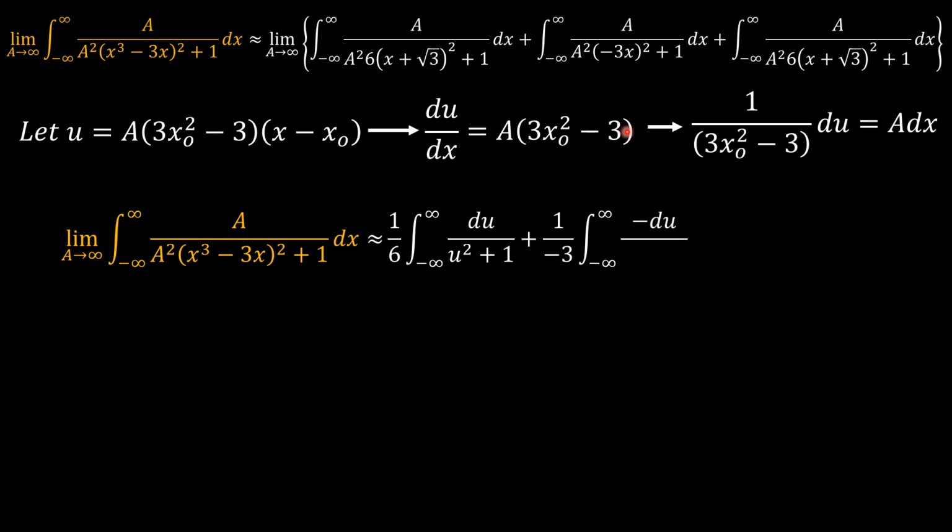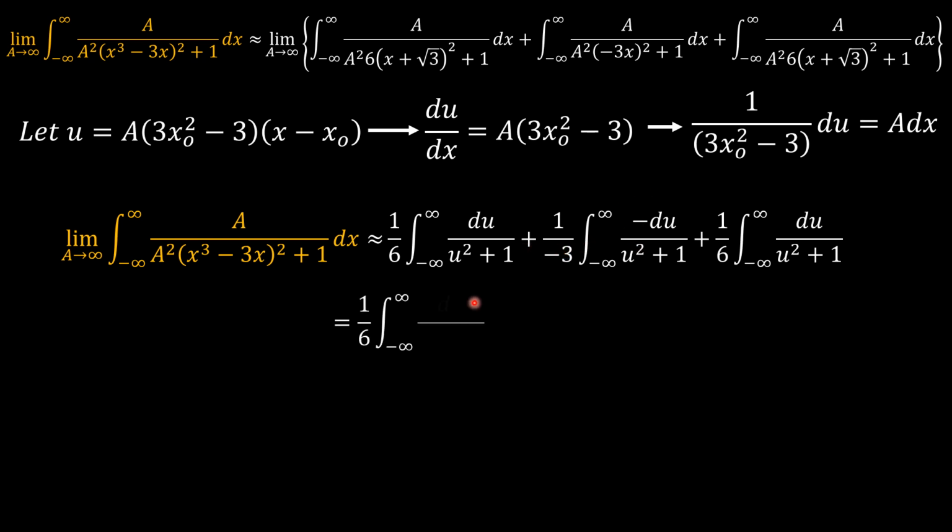And then the same thing happens for this. This becomes u squared, and a dx becomes negative, so we have 1 over 3 here, plus, and then this is 1 over 6. And so we can now factor out the constants.